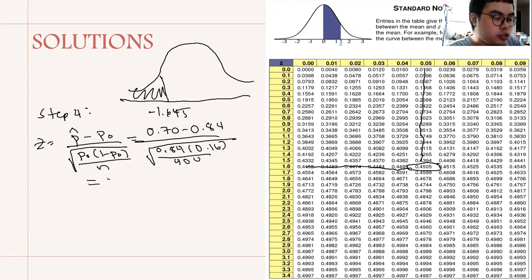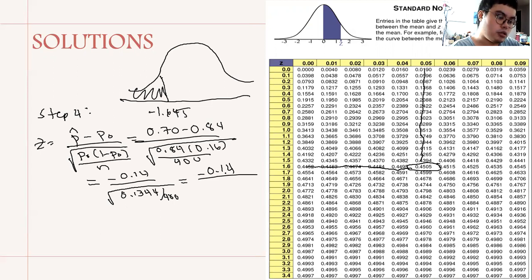Now we're going to simplify step by step. 0.84 times 0.16 is 0.1344, divided by 400, so this is the square root of 0.000336.